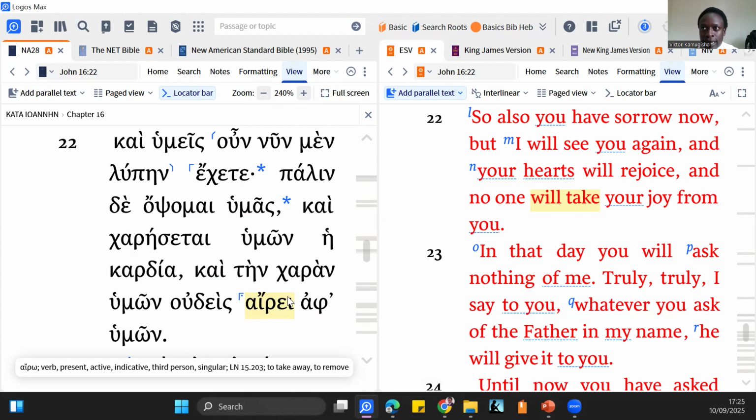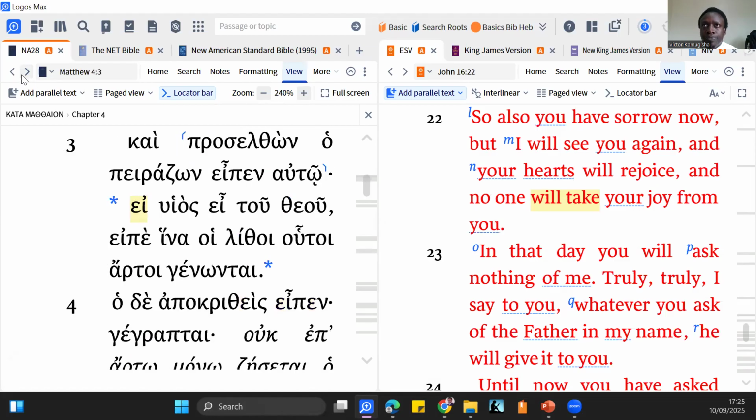You have the epsilon and iota, again two vowels. The last one is iota, so that forms a diphthong. So this one I'll just read as airei.